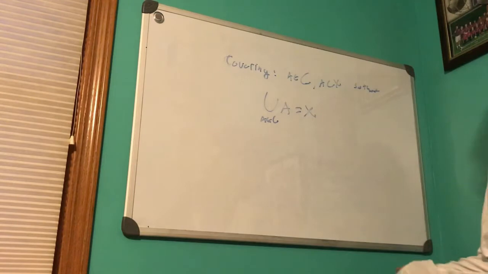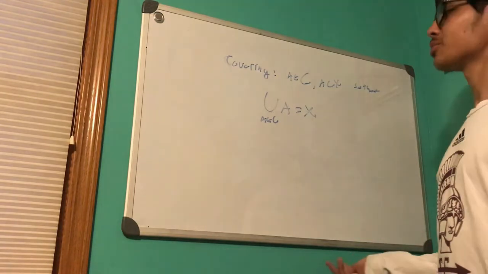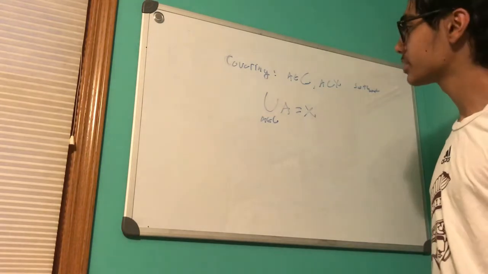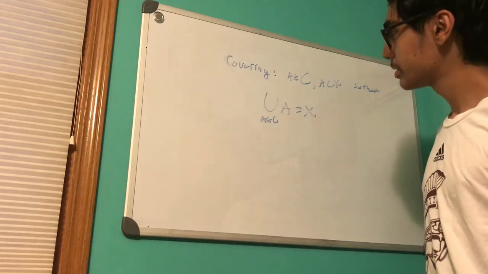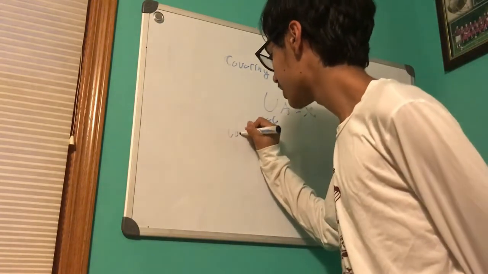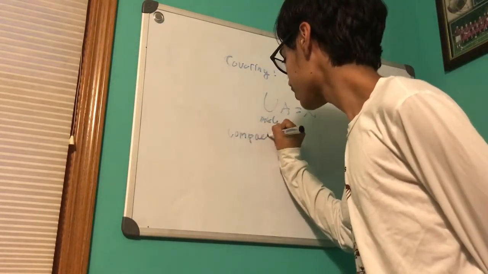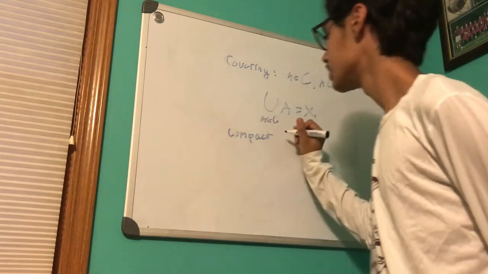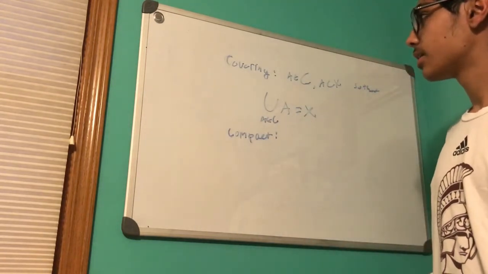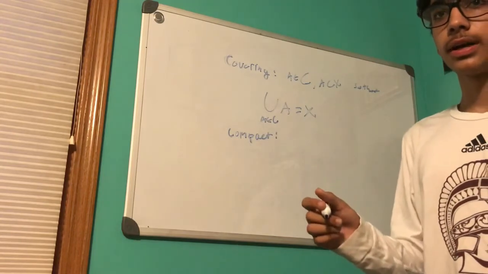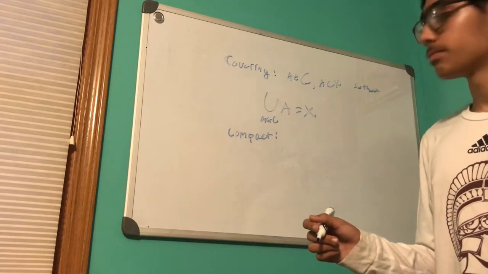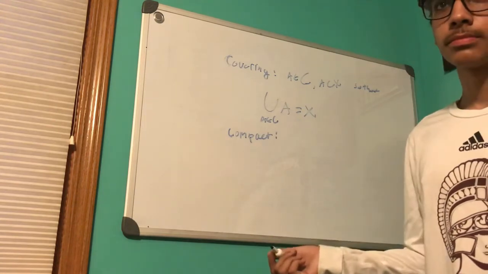If you're a closed covering, that's kind of weird, but I don't think you really do a closed covering. You could, but no. Now they're compact. So compact spaces are spaces where every open covering has a finite subcovering, right?